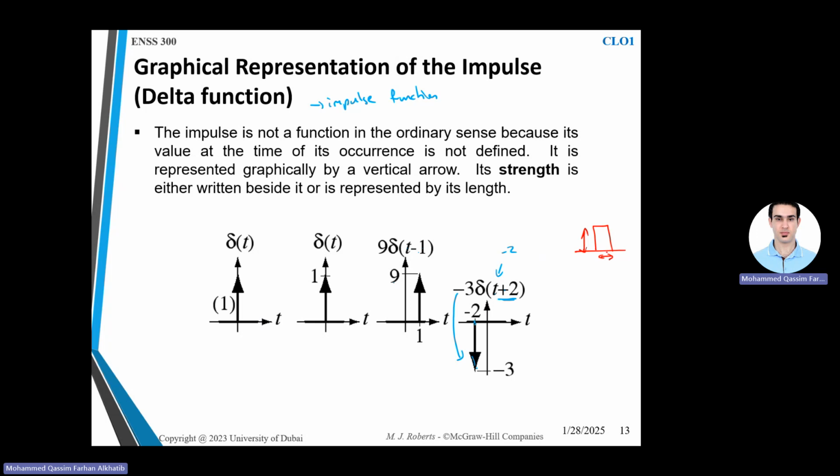Now, if you reduce the width, the height should go higher. If this width reaches 0, the height should reach a high value like infinity, but it's not defined. However, it is modeled by the value 1: delta t equals 1 at t equals 0. Again, we'll talk about shifting and signal manipulations later.